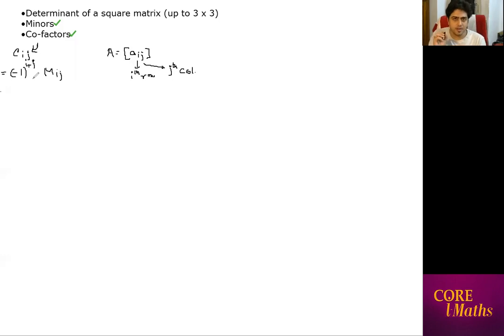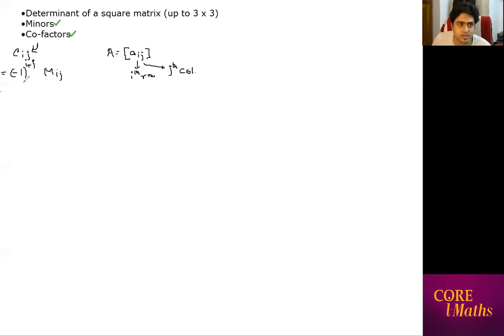First you have to identify the location of the element, that is at which row and at which column the element belongs to. Then sum the ith row and jth column position, and it will be the power of -1. Then first you have to find out the minor value, then just multiply these two.